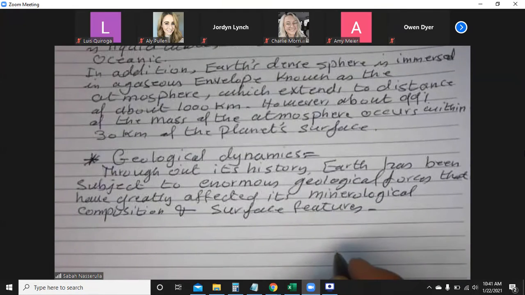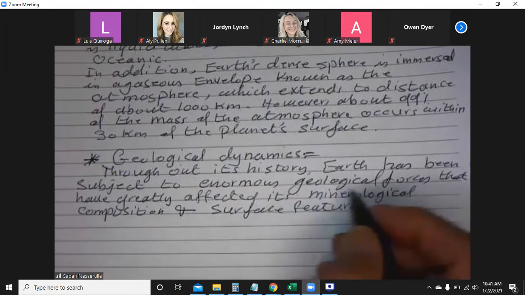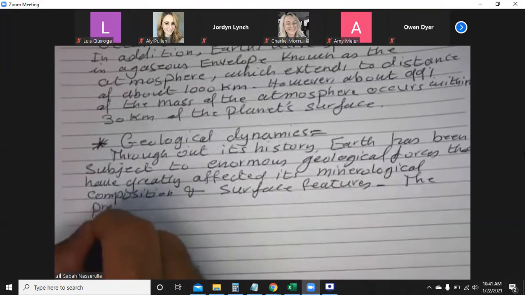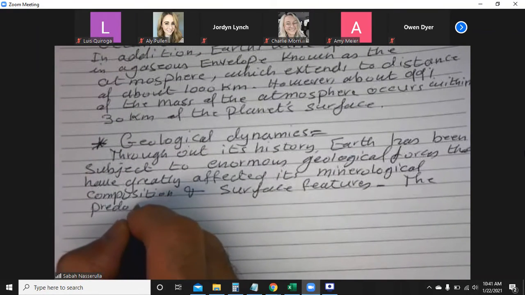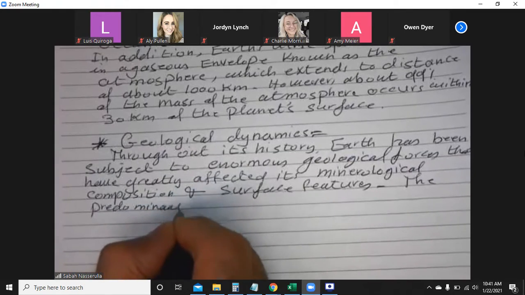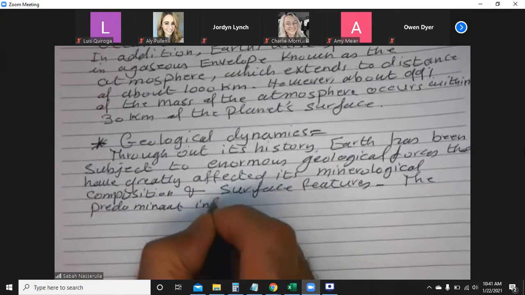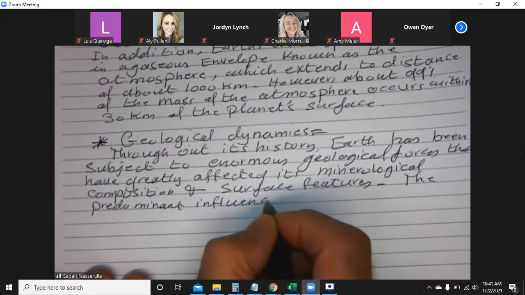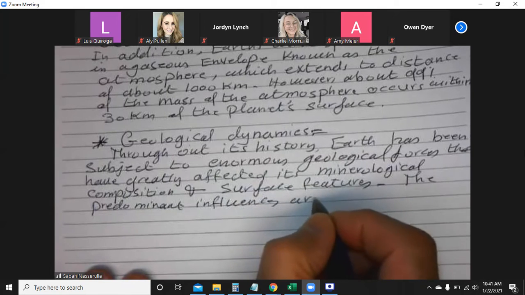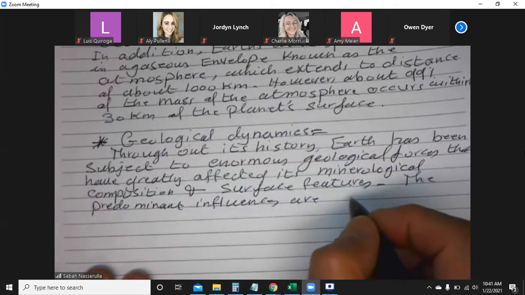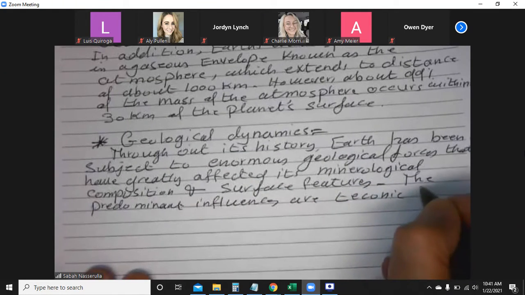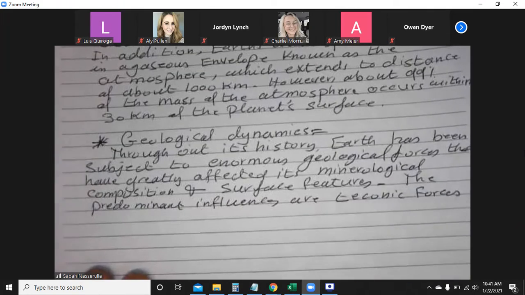And to talk about some of these forces, the predominant influences are known as the tectonic forces.